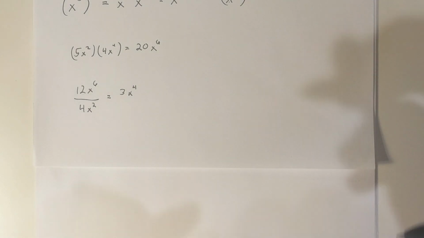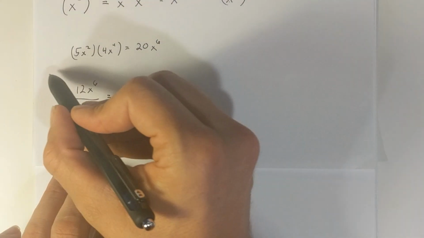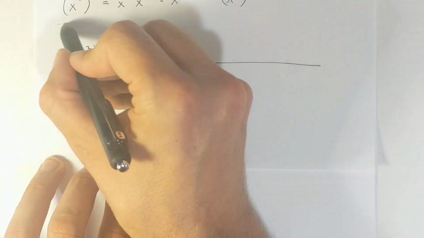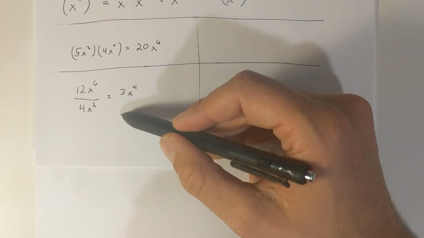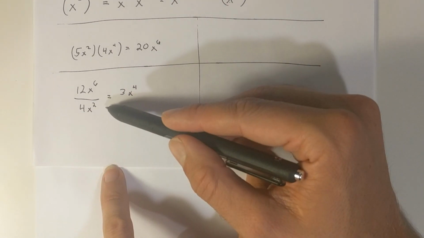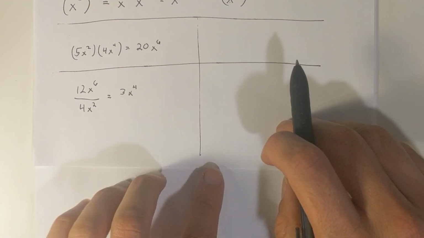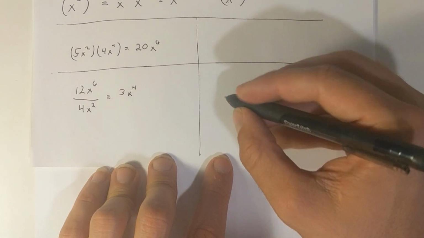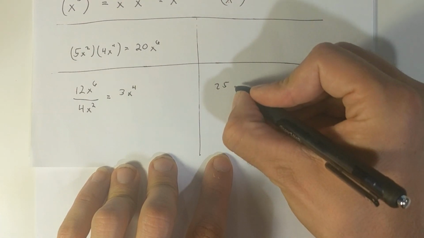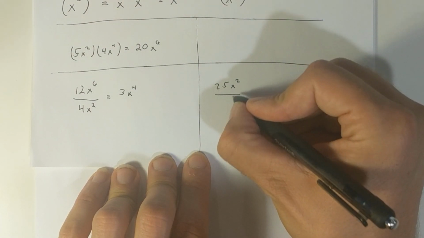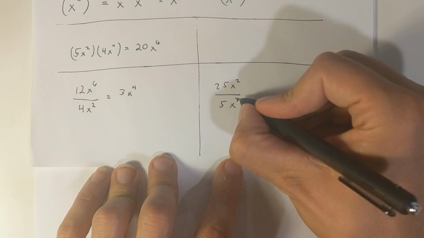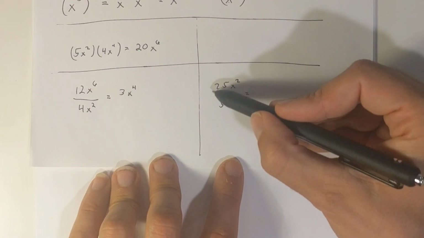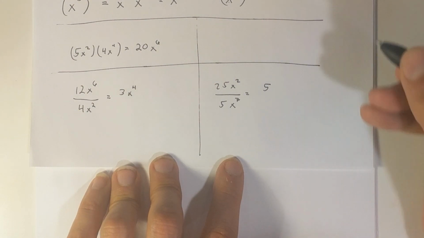Let's make it a little more complicated, though, as far as a fraction is concerned. Let's say we have 25x to the 2nd over 5x to the 7th. Well, 25 divided by 5 is 5.